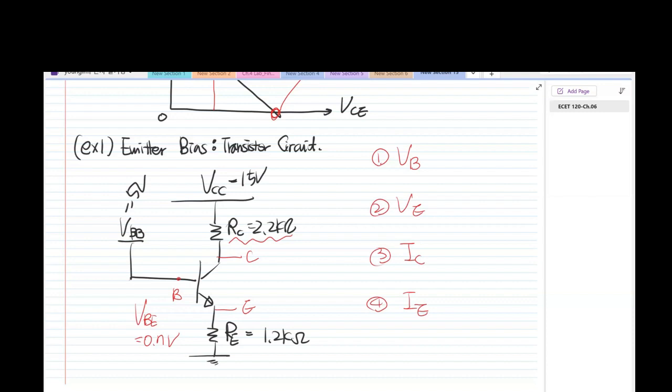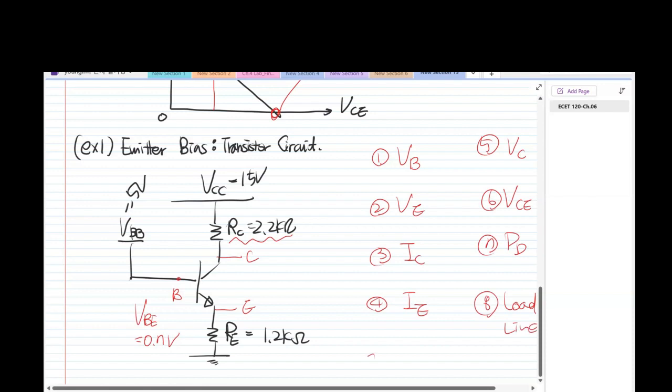And what is for V sub C? And what is for V sub CE? And what is for P sub D? And what is for the load line? Okay. And what is the Q point?